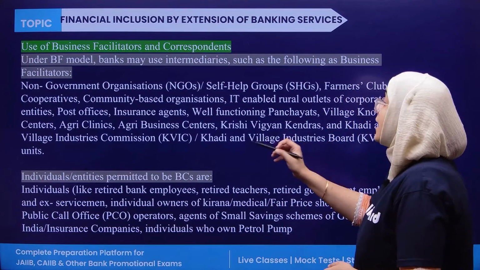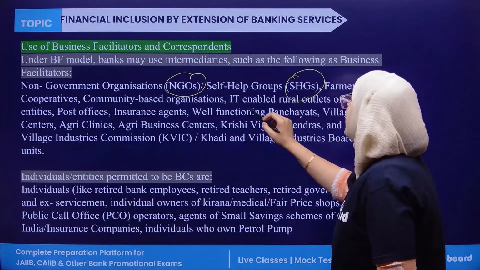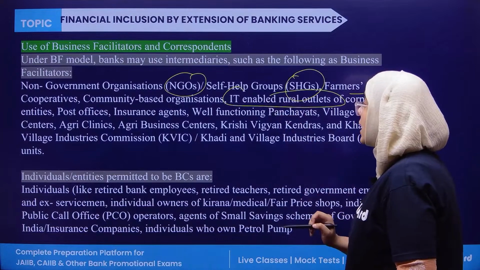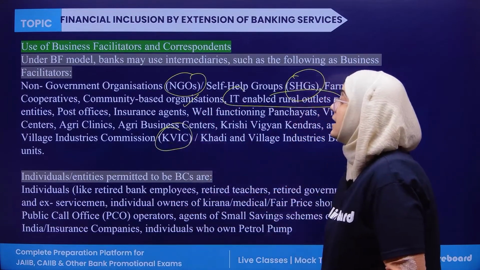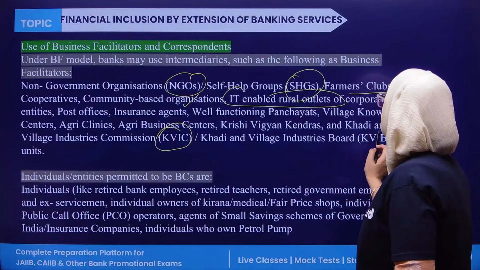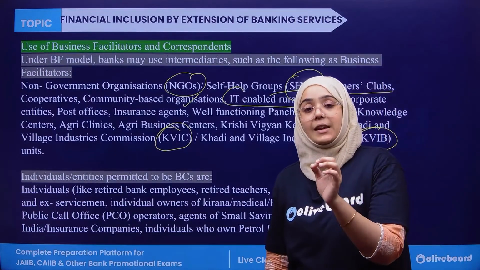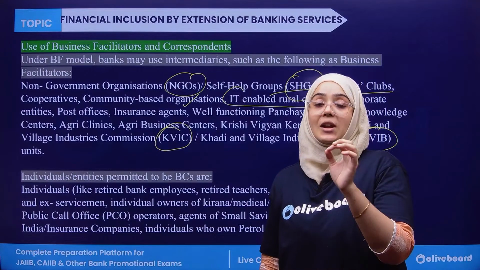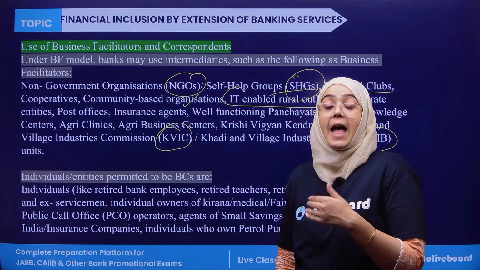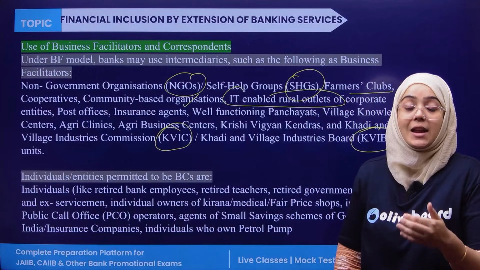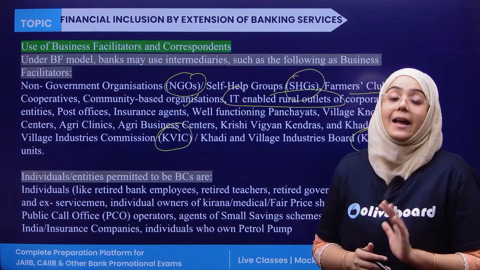For example, there are NGOs, self-help groups, farmers clubs, IT enabled rural outlets, insurance agents, the Khadi Village Industries Commission, and the Khadi Village Industries Board. These act as business facilitators for joining each and every individual to the banking system of the economy. They act as a financial intermediary between the bank and the customers who are excluded.